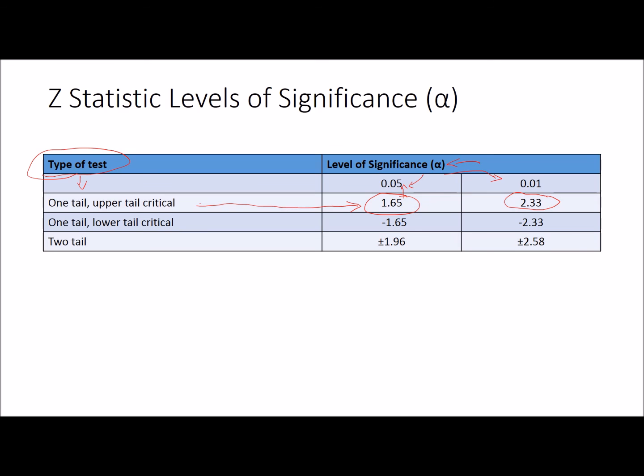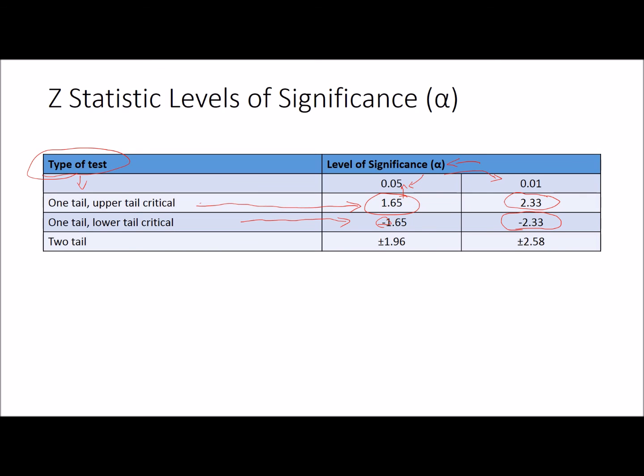And if we look at one tail, lower tail critical, it's the same basic idea except the Z values would need to be negative. So at 5% or 0.05, you would need a negative 1.65 or further from the mean to have significance. If it's set at 0.01 or 1%, you would need a Z statistic of negative 2.33 or further from the mean than that.